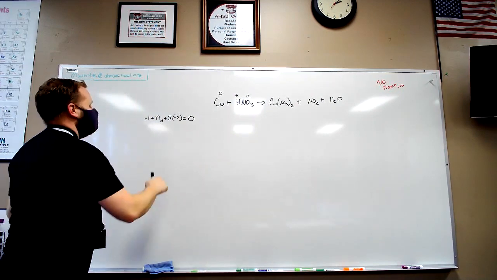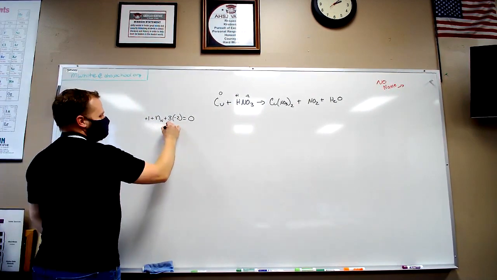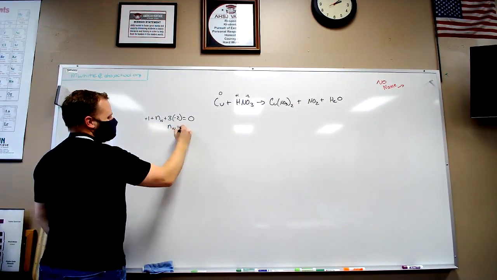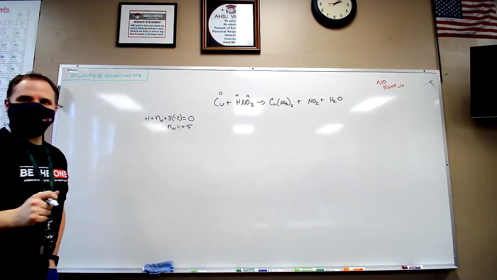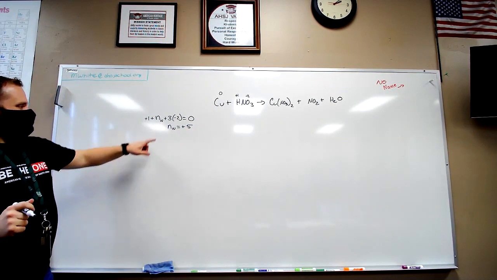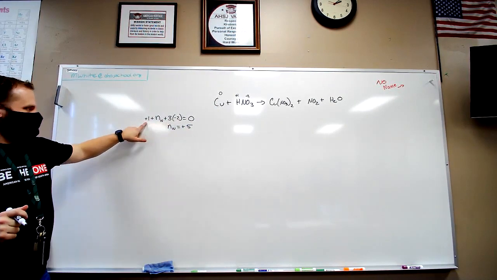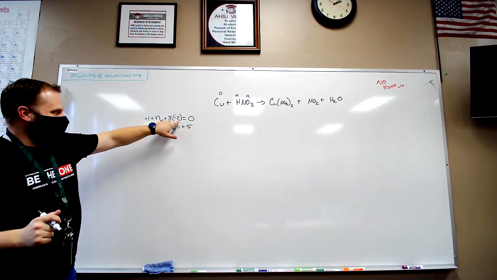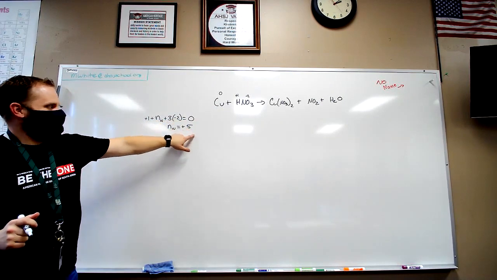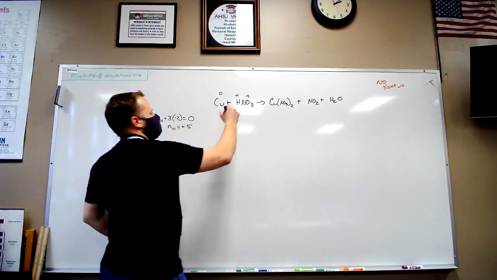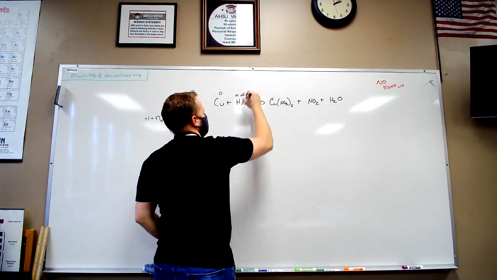So we know that the oxidation number for nitrogen has to be +5. Everyone see that? Because we have -6 + 1, which gives us -5. So that plus -5 has to equal 0. So nitrogen is +5.